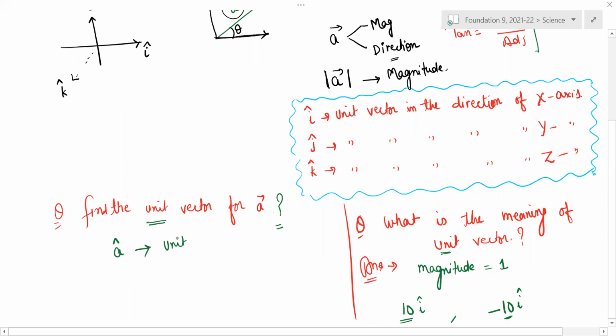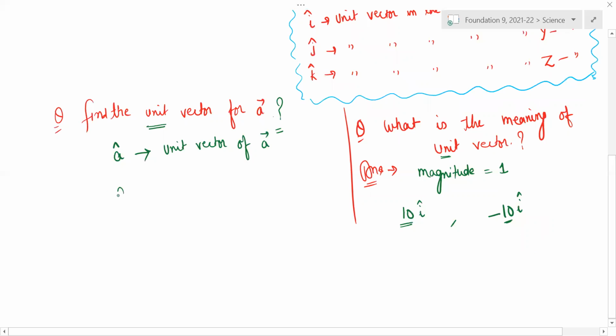Unit vector of A, right? So how to find it, beta? Please understand, these are very, very critical things, very important. Even today, most intermediate or JEE NEET students are not clear how to find a unit vector.